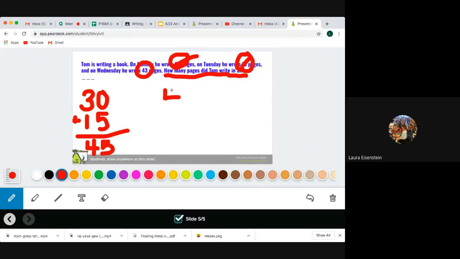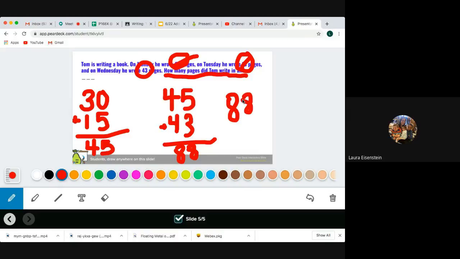So I take my answer, 45, and I will add 43. 5 plus 3 is 8, and 4 plus 4 is 8. So how many pages did Tom write? He wrote 88 pages in all.